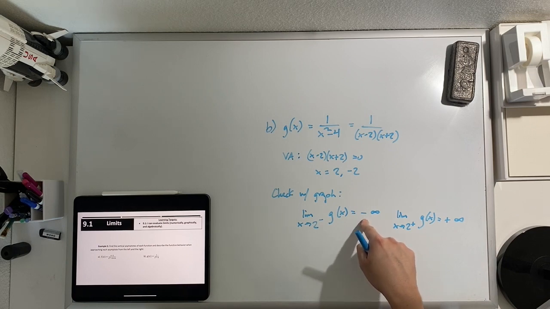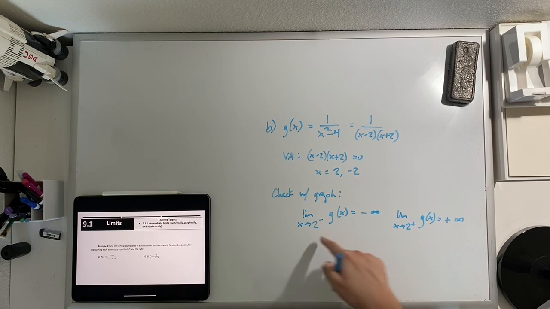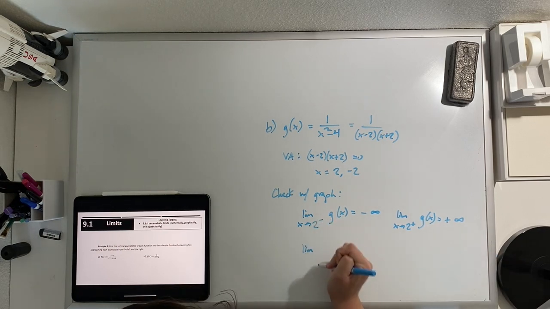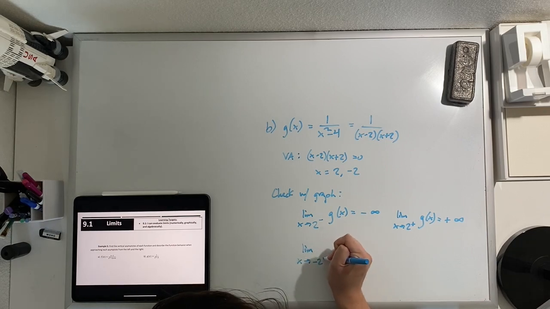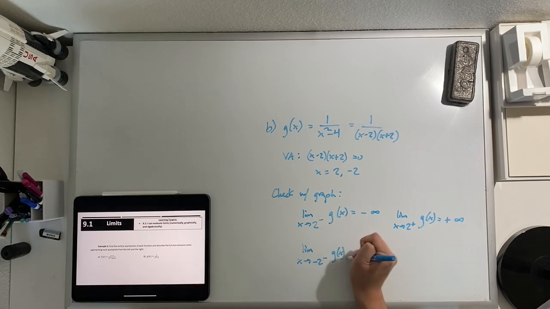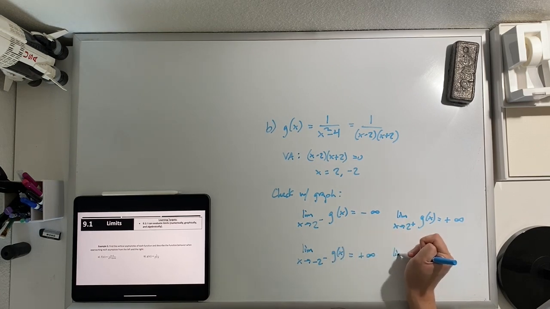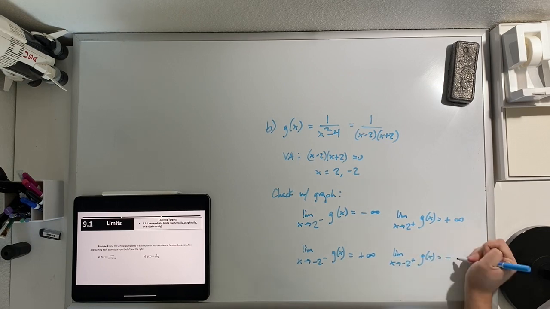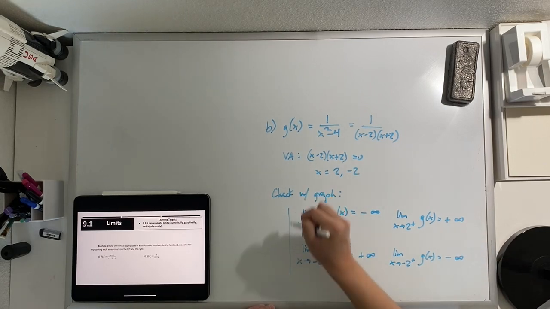I think I just said negative before, but it's negative infinity for 2 from the left and positive infinity for 2 from the right. And we do the same thing, we look at the other asymptote on this graph. So the limit as x approaches negative 2 from the left of g of x is positive infinity. And the limit as x approaches negative 2 from the right of g of x is negative infinity. And there's our answer.